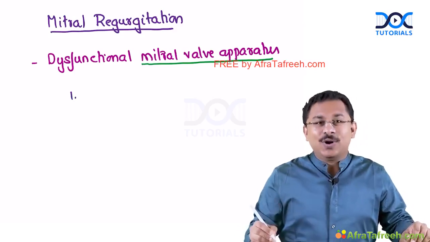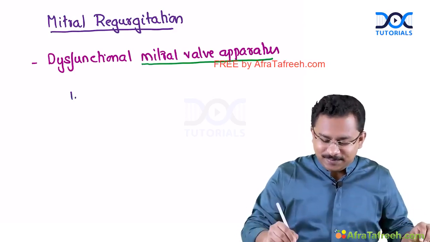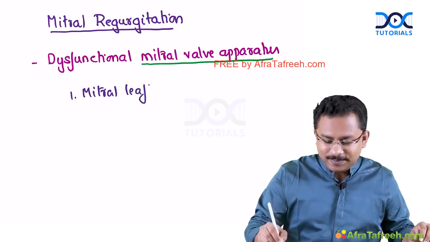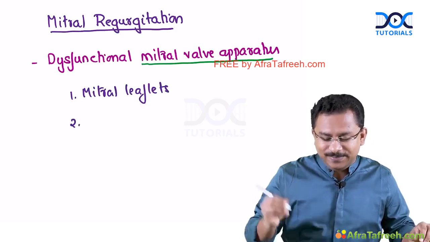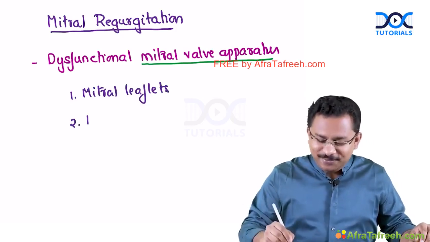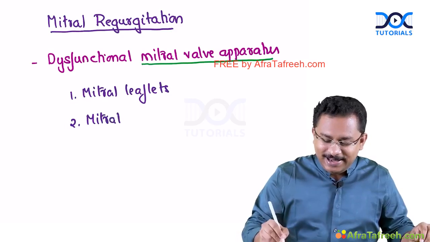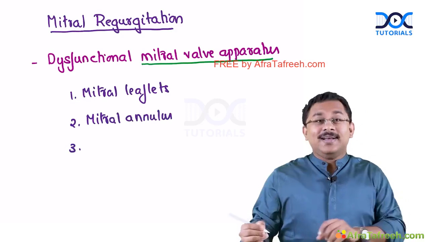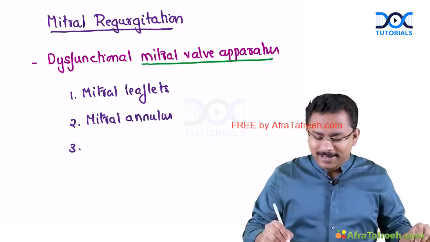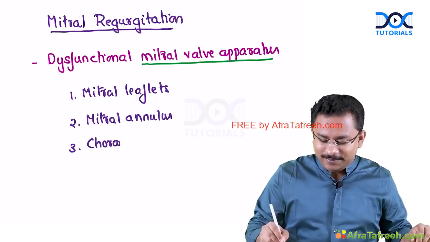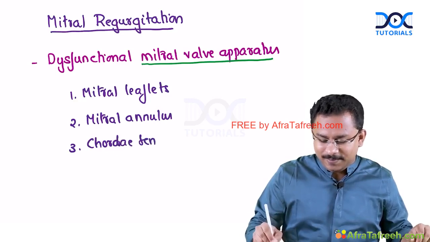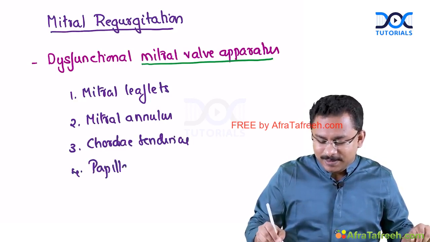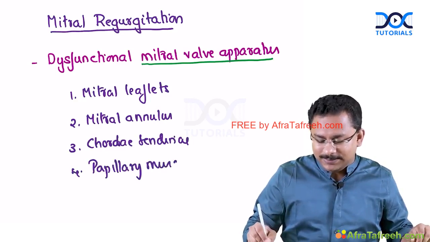Number 1, you have the mitral leaflets. Number 2, you have the mitral annulus. Number 3, chordae tendineae. Number 4, the papillary muscles.